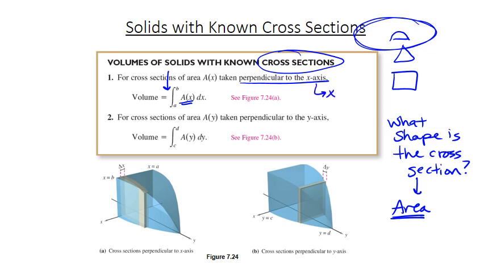If our cross sections are perpendicular to the y-axis, everything is in terms of y. Now I'm only going to do one example of this, so if you need additional help, please let me know.